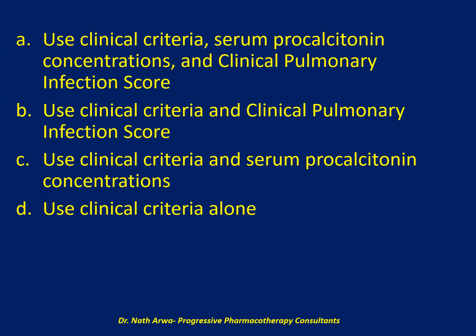Would it be A, use clinical criteria, serum procalcitonin concentrations, and clinical pulmonary infection score, or would it be B, use clinical criteria and clinical pulmonary infection score, or would it be C, use clinical criteria and serum procalcitonin concentrations, or would it be D, use clinical criteria alone?